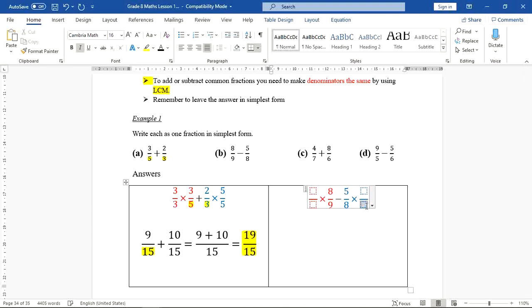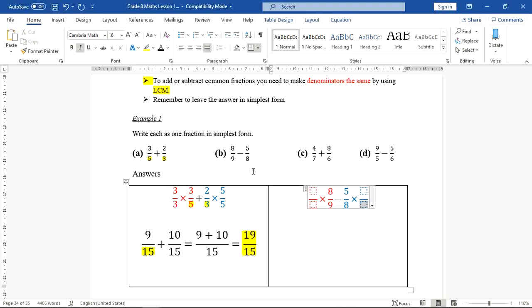Okay, so let's find the lowest common multiple of 9 and 8. The quicker way, remember, to find the lowest common multiple of two numbers is just to multiply the two numbers. So if you multiply 9 by 8, you get 72.